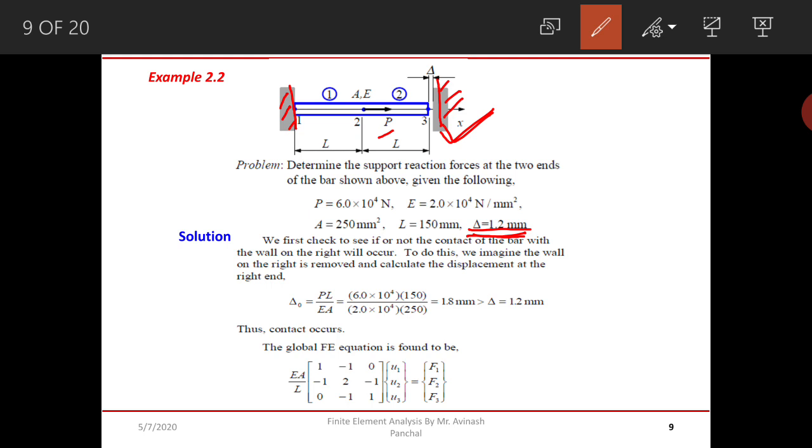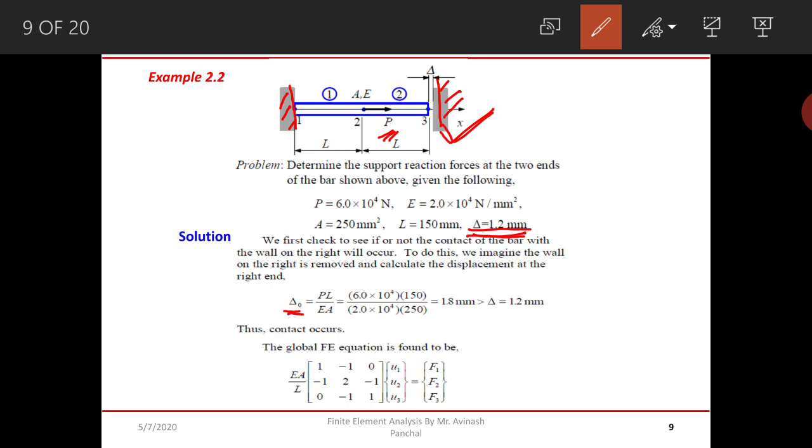First we will check whether there is contact of the bar with the wall on the right. We will simply find the effect of this load P on the bar, and we can find the deflection at node number 3.